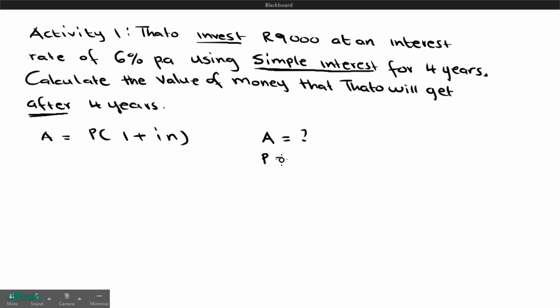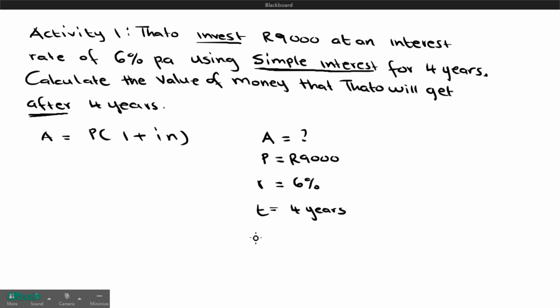But P is the value of money that Thato has and wants to invest, which is 9,000. And our rate is given in percentage, 6%. Therefore, what is your period? We said that T is equal to 4 years.